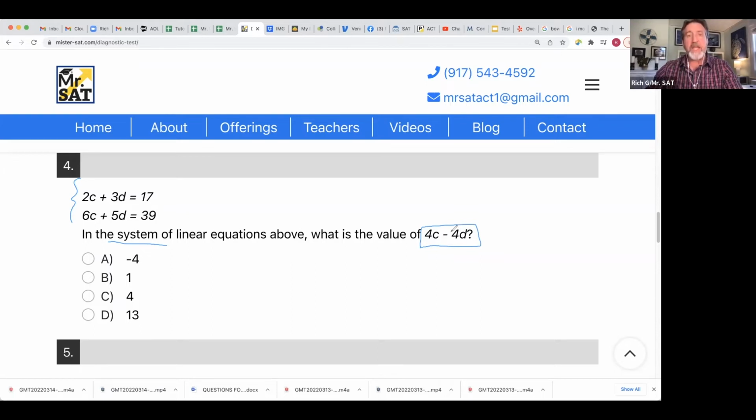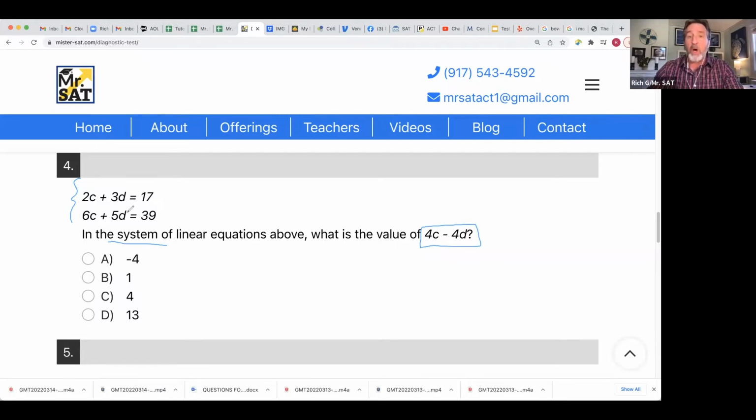All right, now how do we even get started? Well, here are the out of the gate moves for systems of equations. Number one, we can stack them one on top of each other when they have the exact same format. I've got C terms, I've got D terms, and I've got numbers. Same formats in both equations.